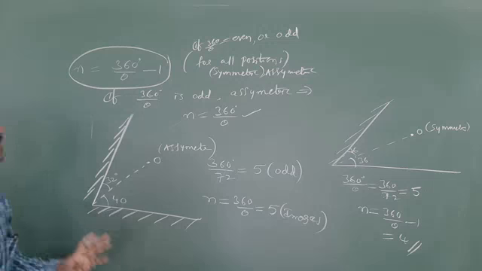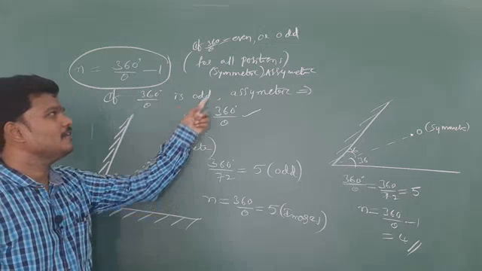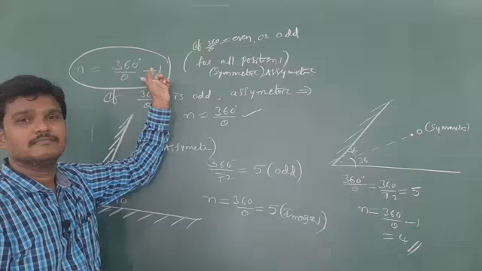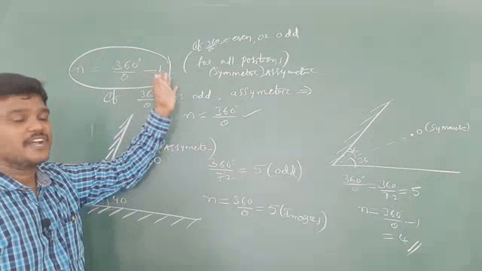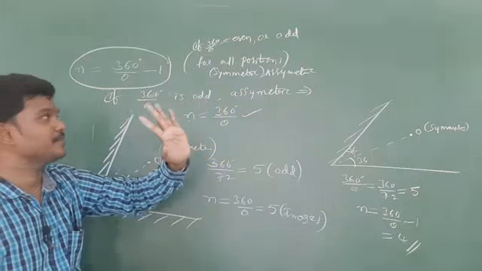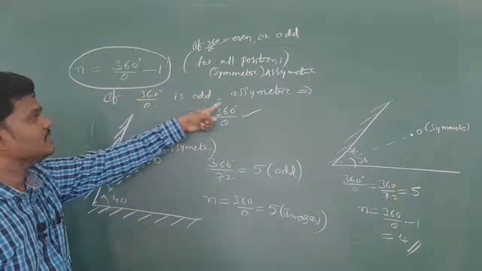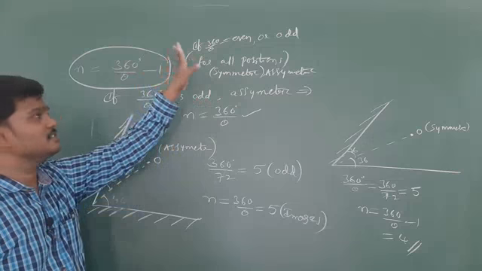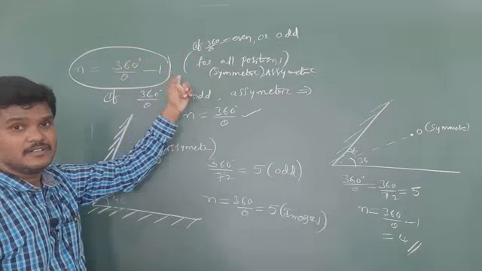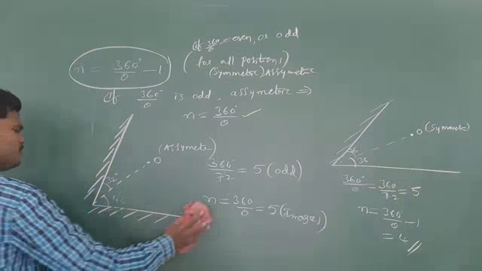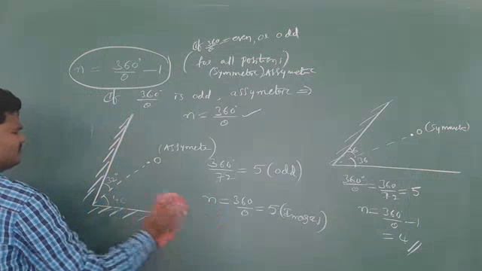Here I make one thing very clear: odd asymmetric uses 360 by theta, and all the remaining cases use 360 by theta minus 1. For a fraction, you round off to the proper number. Now let me give one simplest thing.